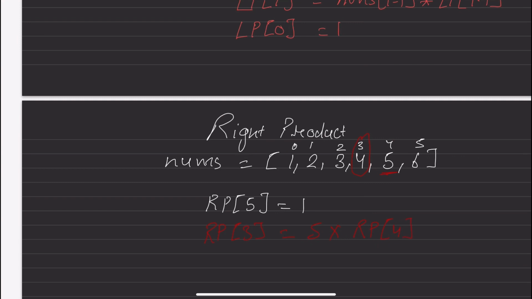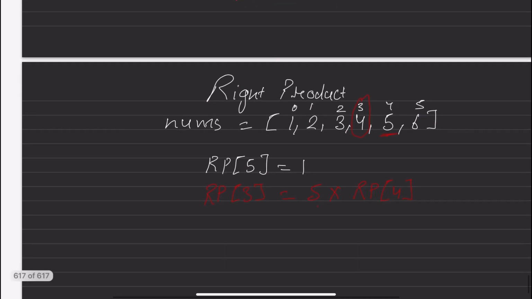So the product of the elements to the right of 4 into the number at 4, right? This is similar to the left product. So now we have the formula of RP as well. RP of I equals nums of I plus 1 into the right product of I plus 1.